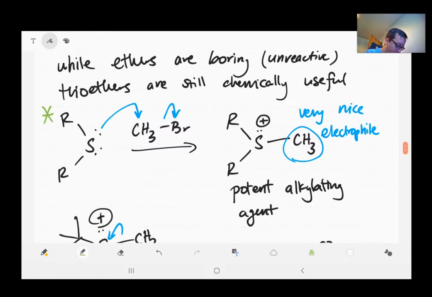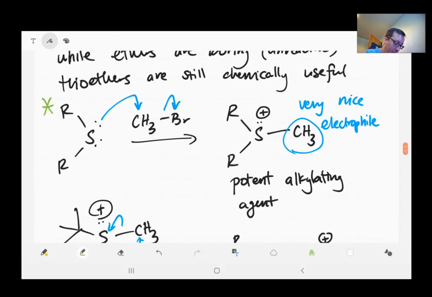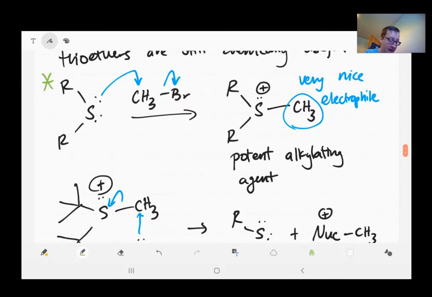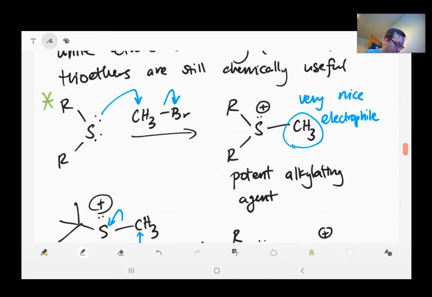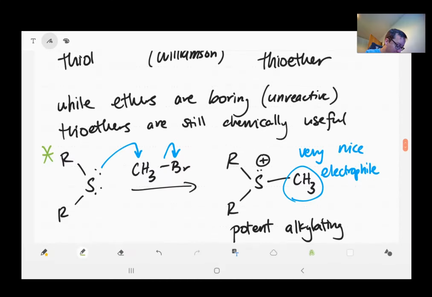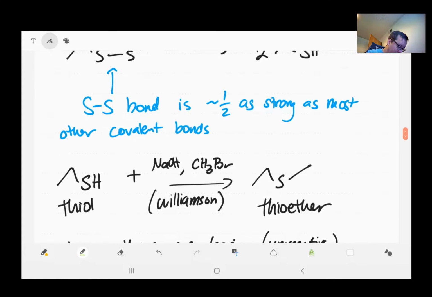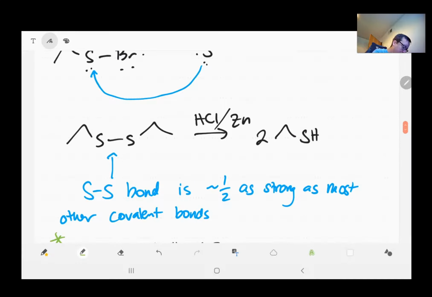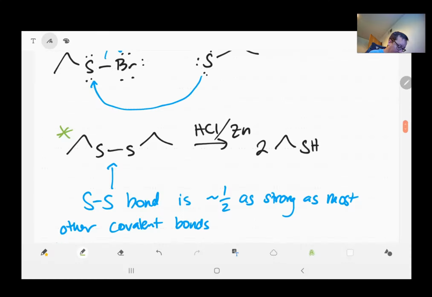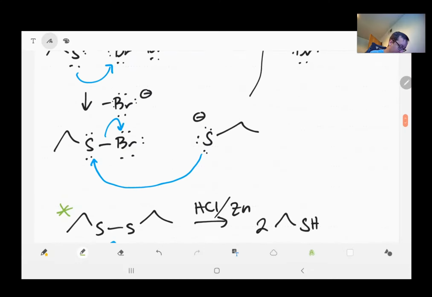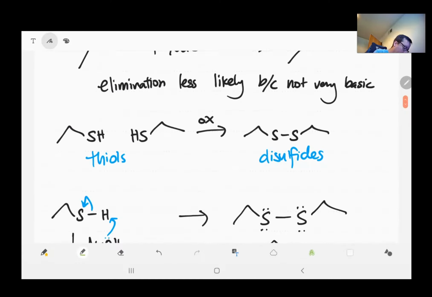This is an important reaction here, using a sulfur as an alkylating agent, taking advantage of the nucleophilicity of sulfur. I guess this is important, but it's really the same thing as the Williamson. This would be important, reducing a disulfide back into thiols, and then oxidizing a thiol back into a disulfide.